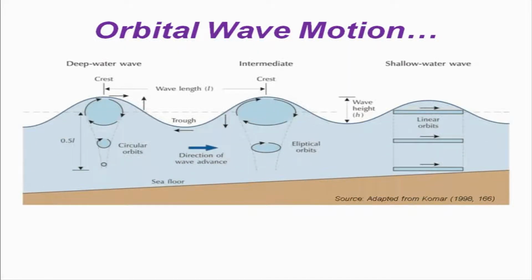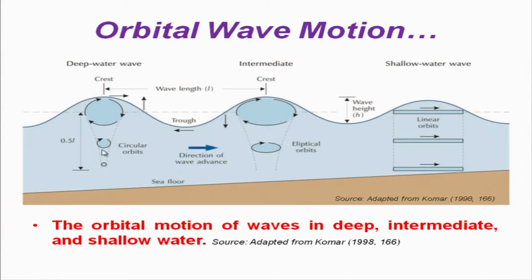Orbital wave motion is what we were talking about: in the deeper part you will have a different motion. The orbital motion of waves in deep, intermediate and shallow waters has been shown here. You have the deeper waters here, so mostly what you will see is circular motion.